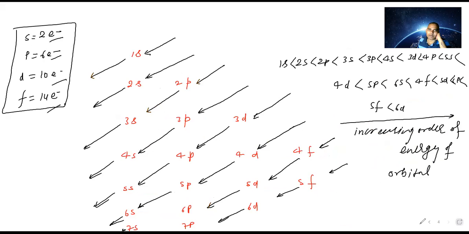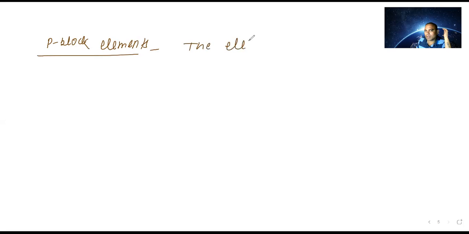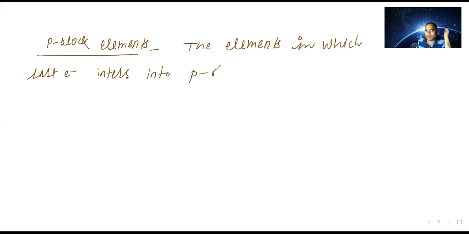Okay. So this is group 1 and 2, the S block elements. Now we are going to the P block elements. What are the P block elements? P block elements are the elements in which the last electron enters into the p orbital.